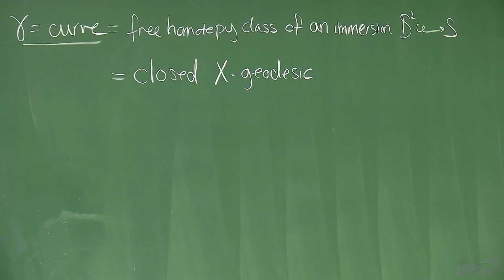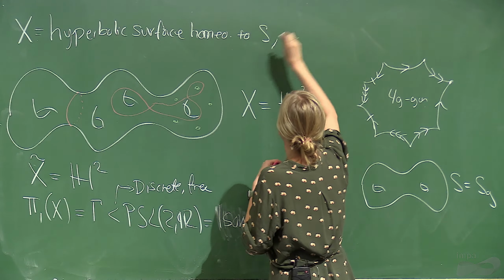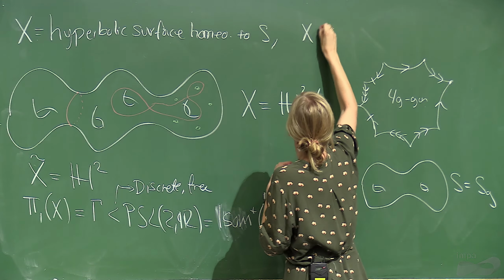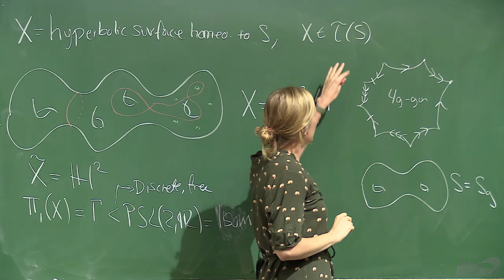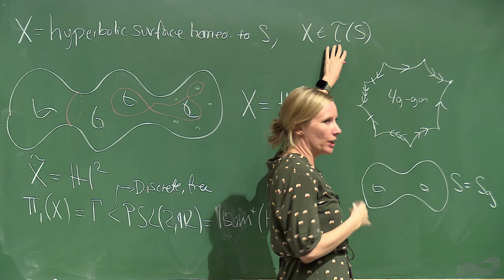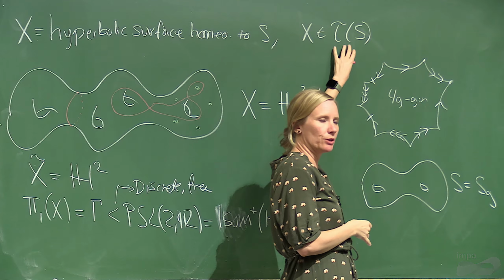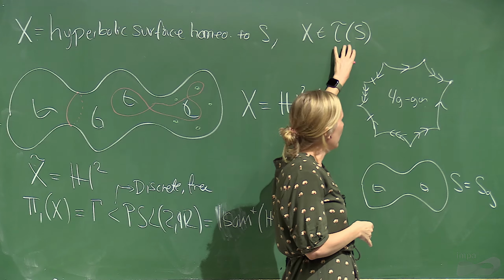Yeah, and maybe I should point out that I said a hyperbolic surface, so I'm going to write X is in the Teichmüller space of the surface. So it's marked hyperbolic structures that you can put on this topological surface.